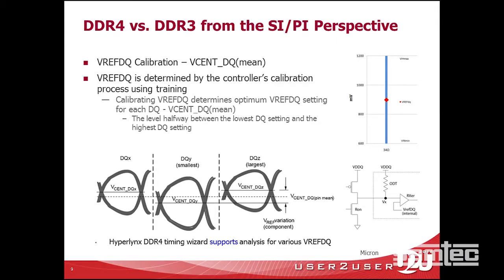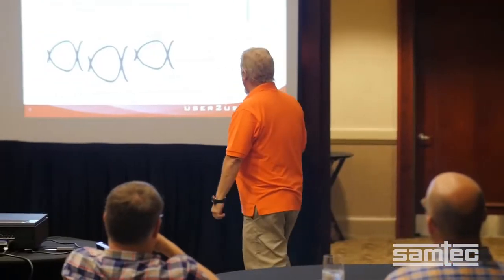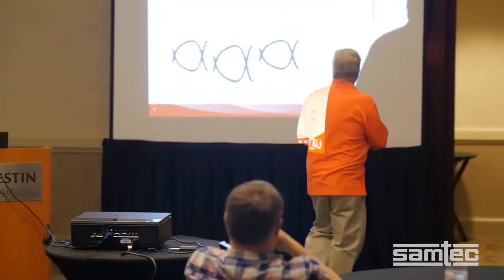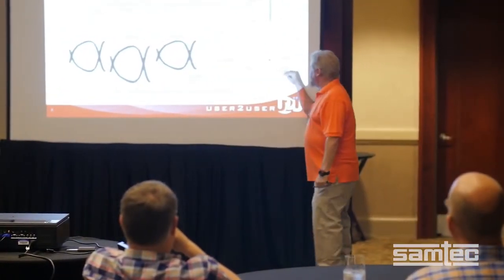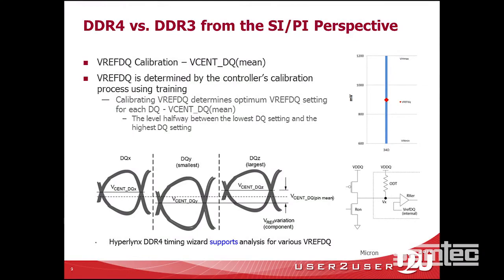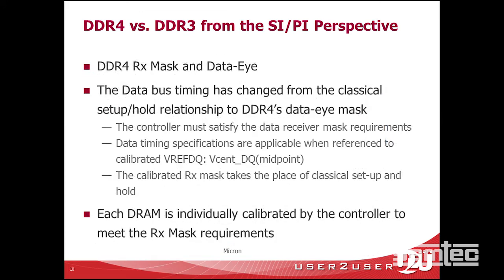How much did they do that on DDR3? I forget. I don't remember this part. And this is done inside. So they move this VREF DQ internally so that they get the best switching characteristics. Okay? You do not have to do that yourself.